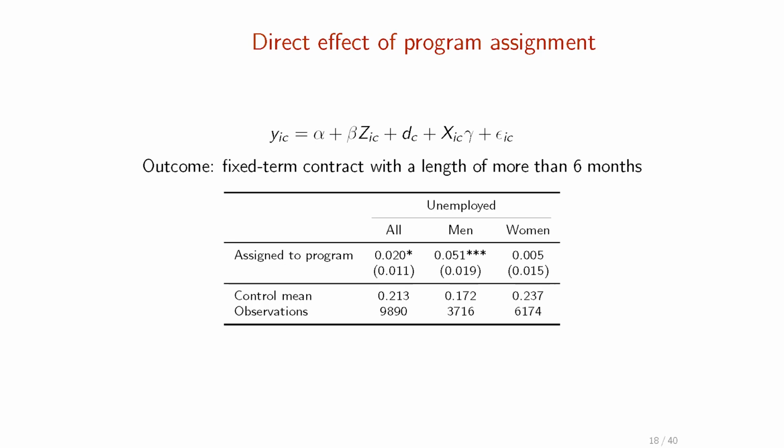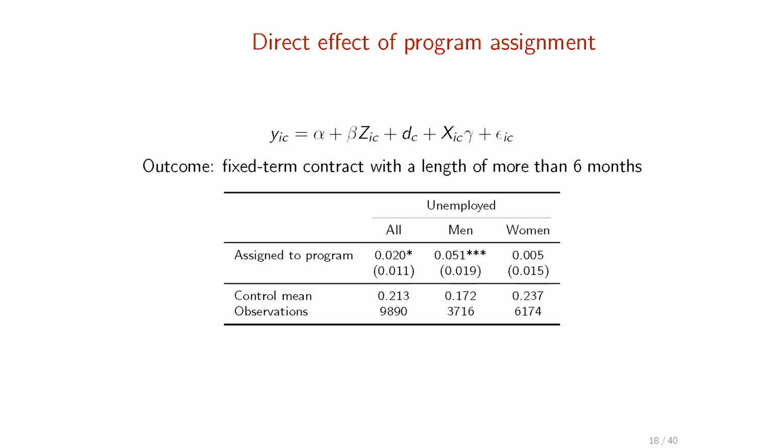The question being asked, which is not very well labeled, is: have you found a job of a long-term duration, so more than 6 months? So 6 months after the program, I'm looking at you again and I ask you whether you have in your hand a contract for employment for more than 6 months.